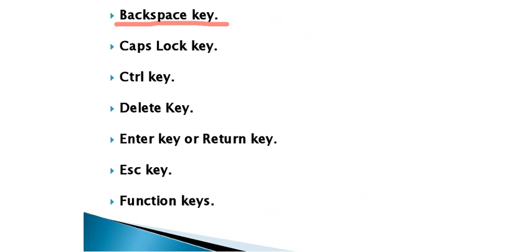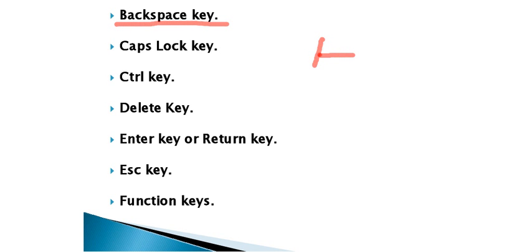Backspace key. It is the only one key in our keyboard. So this backspace key, what is its function? So let us see. It deletes the character just to the left of the cursor. For example, my cursor is here. So this means that I have to type right side.